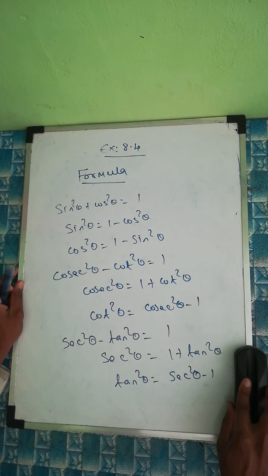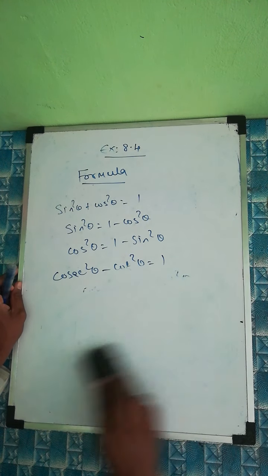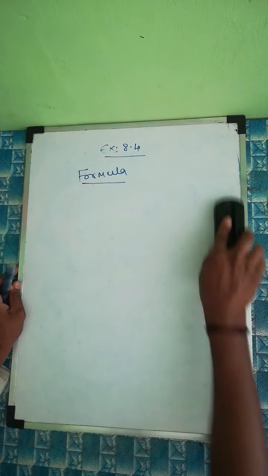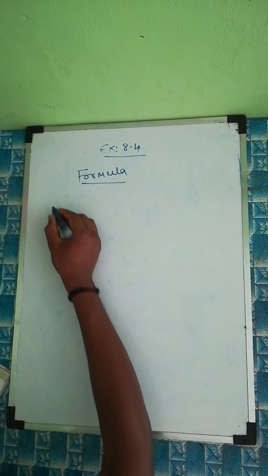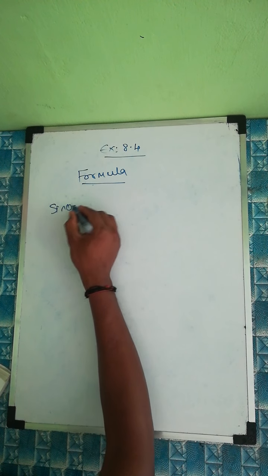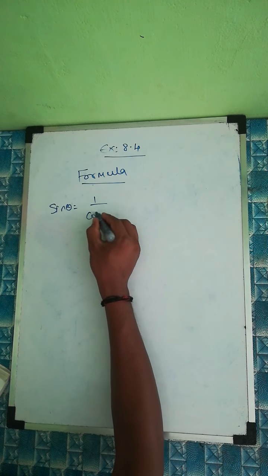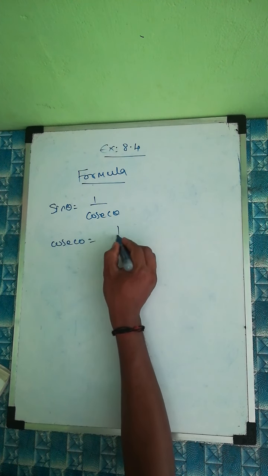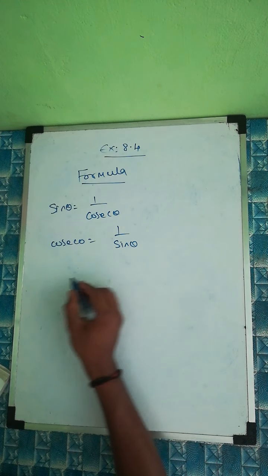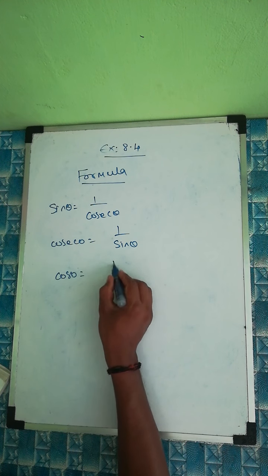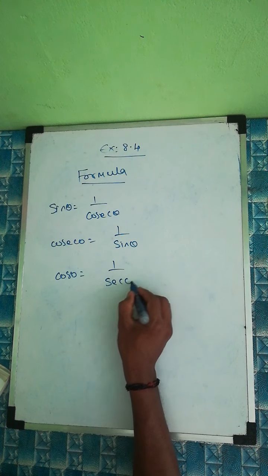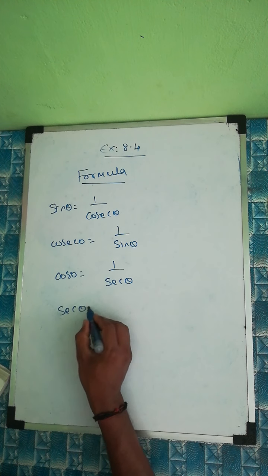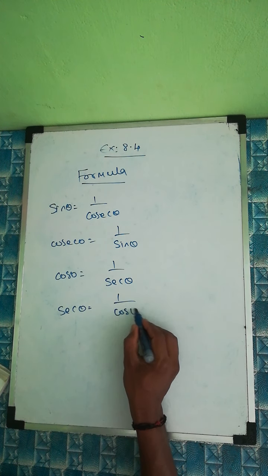Again, sine theta equals 1 by cosec theta, and cosec theta equals 1 by sine theta. Cos theta equals 1 by sec theta, and sec theta equals 1 by cos theta.